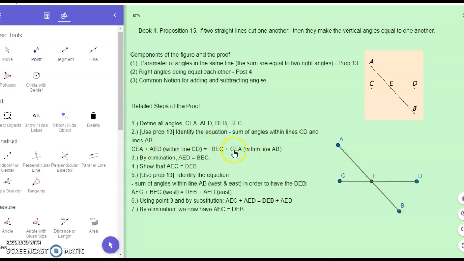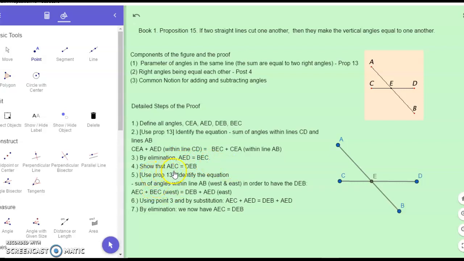This is the first statement we have derived based on Proposition 13, which states that the sum of the adjacent angles is equal to two right angles. By elimination, we have a common term here, CEA. We can eliminate CEA on both sides, and then we have AED equal to BEC.